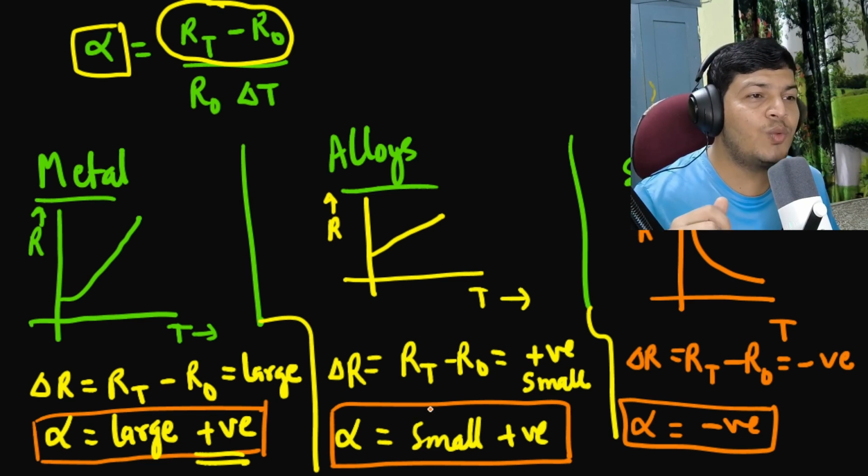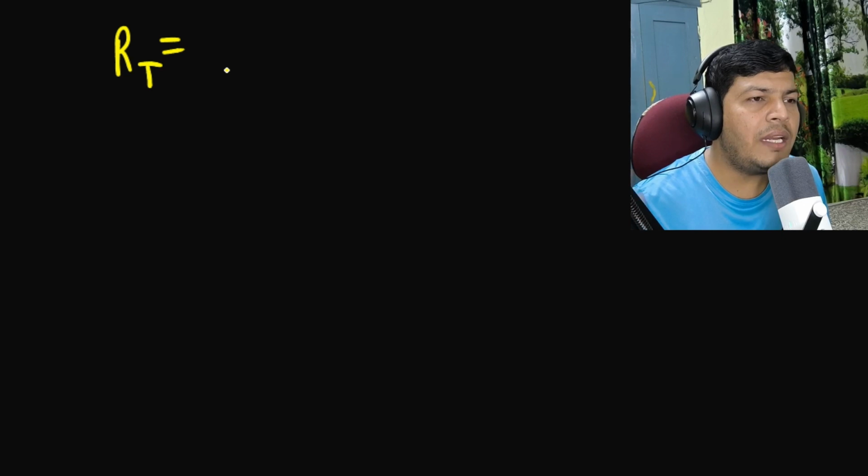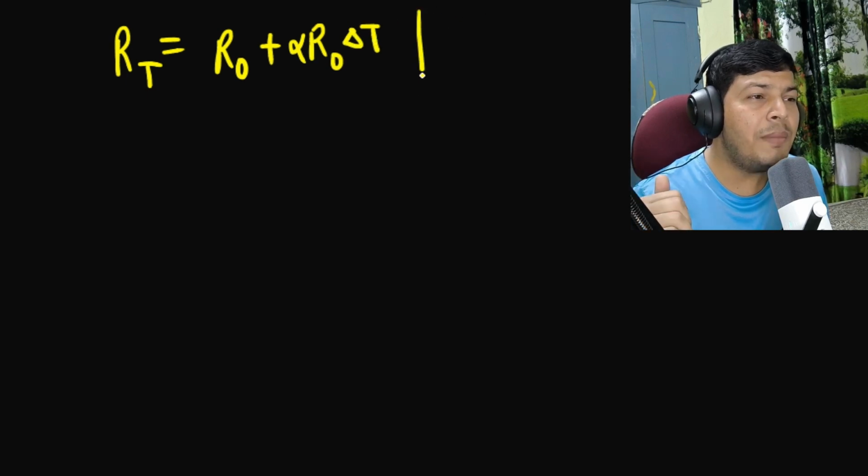So this is what you need to understand about this temperature coefficient of resistance. Now let me tell you one more thing which is quite obvious, that if we have a relation for resistance which is RT equal to R naught plus alpha R naught delta T, a similar kind of equation I can write for resistivity as well.